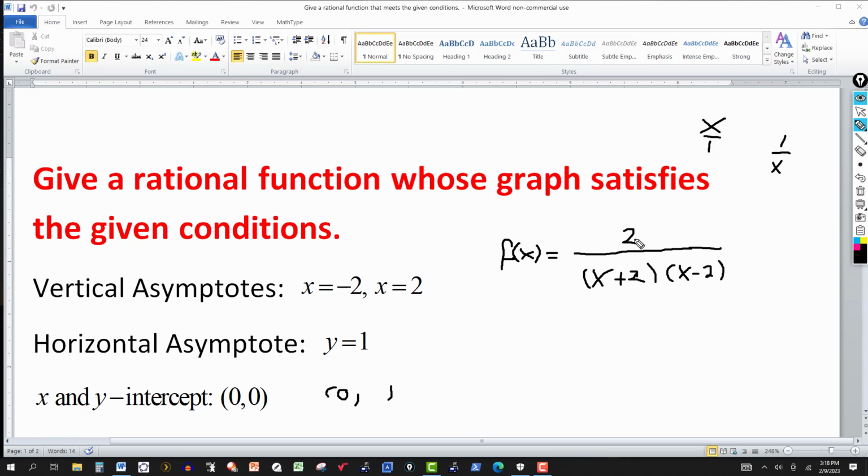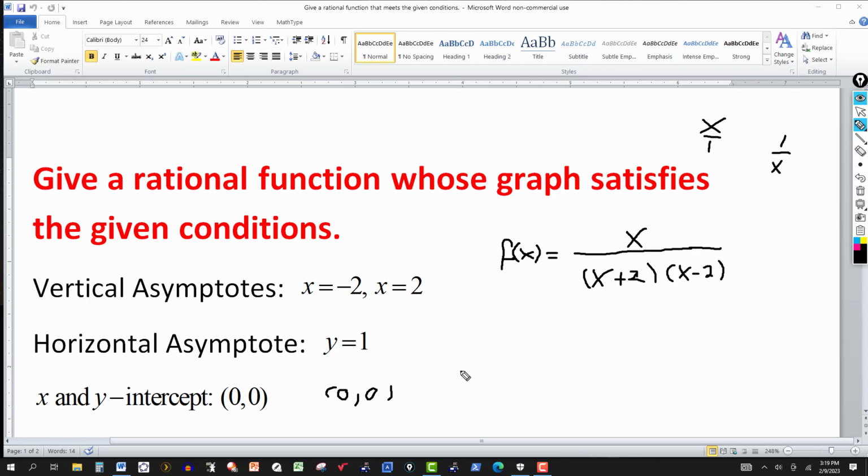But the numerator would say 2. That's not going to give me 0. So I have to have an x up there, or an x squared, or an x cubed. That'll work. But we'll start off with a plain old x. Put an x there. I notice if I replace the x by 0, I get a 0 in the numerator, -4 in the denominator. That'll give me 0. That'll work.